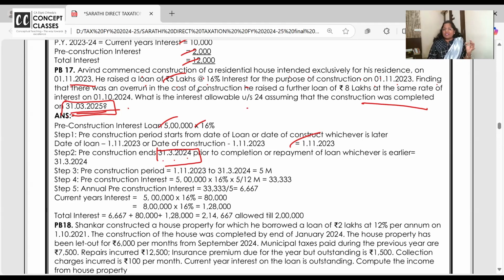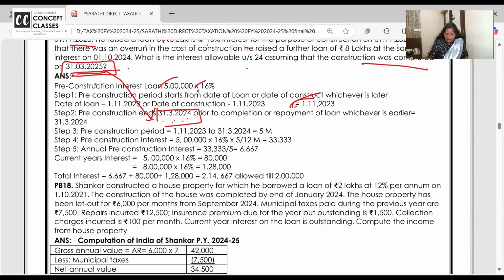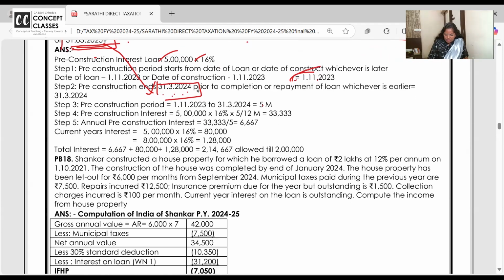The pre-construction period starts from the day you have taken the loan. It ends on 31st March prior to completion of the construction. Construction completed in March 25, so March 24. So this is November, December, January, February, March: 5 months, on 5 lakh rupees the interest comes to 33,333, and dividing by 5 gives 6,667.